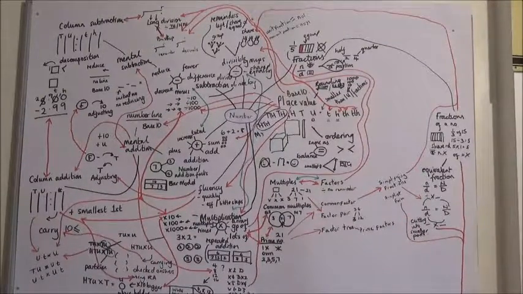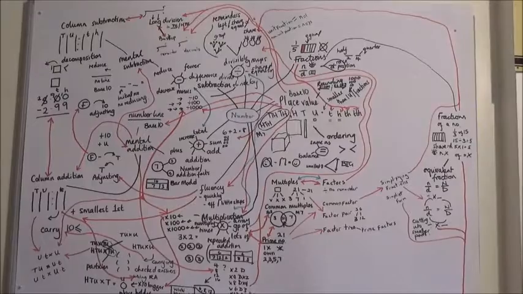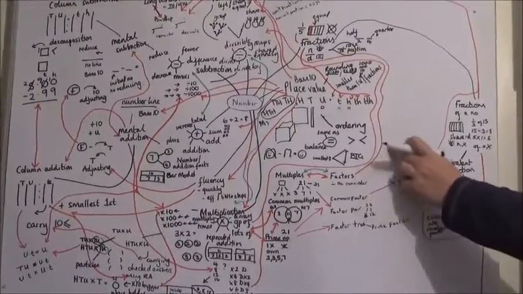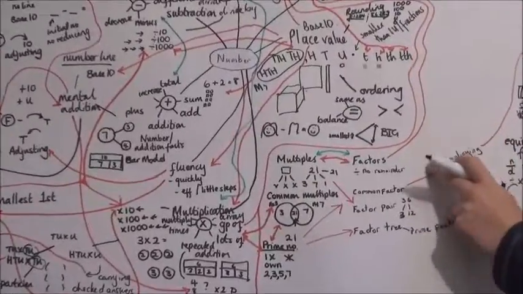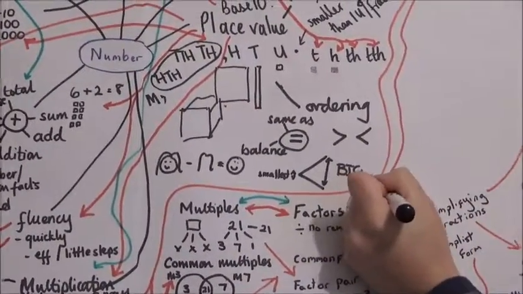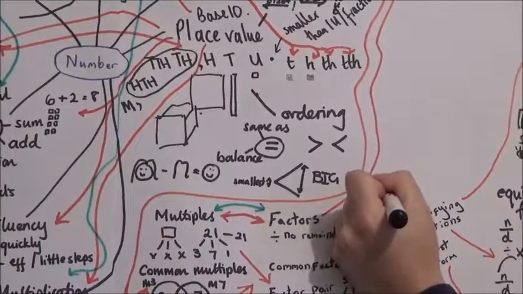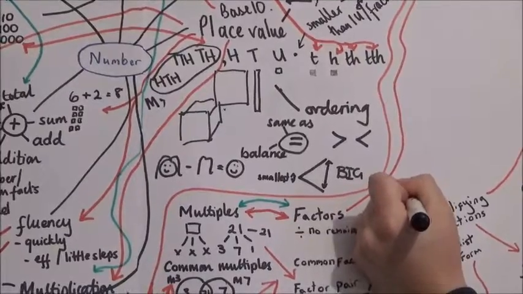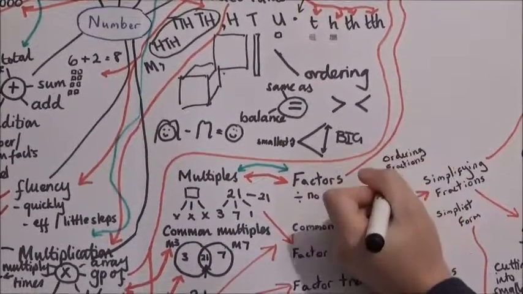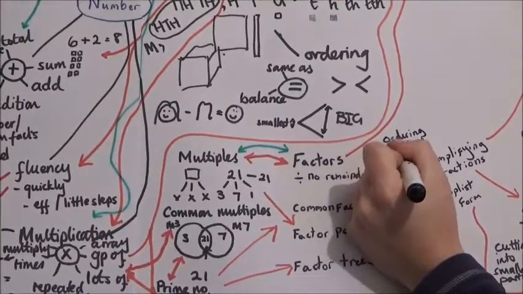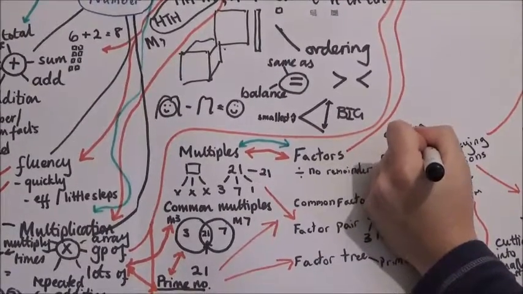Right, to our number mind map, and we need to add ordering fractions to this. We're going to put it here around our simplifying fractions because we have a lot of linking to do with it. So I'm going to put ordering fractions. And with ordering fractions, we know we need to find a common denominator.